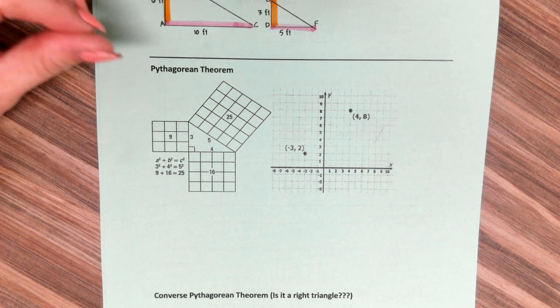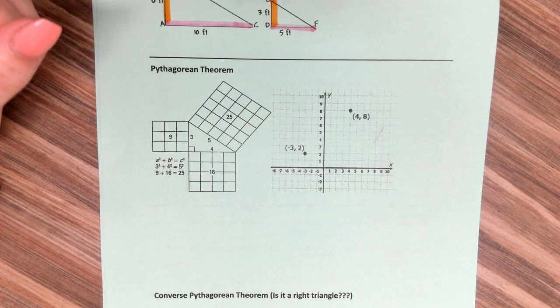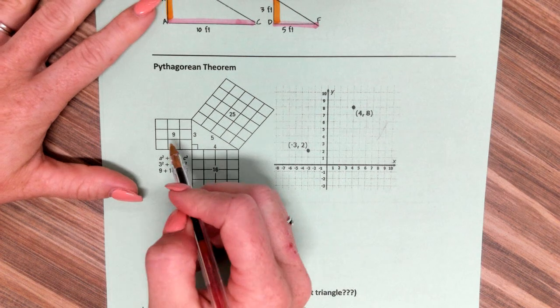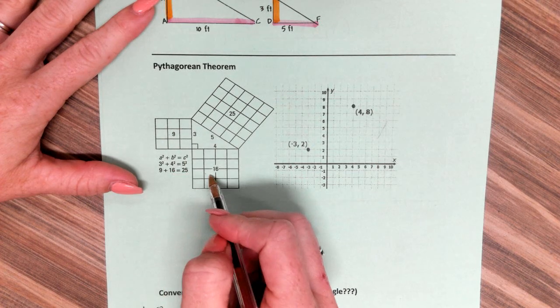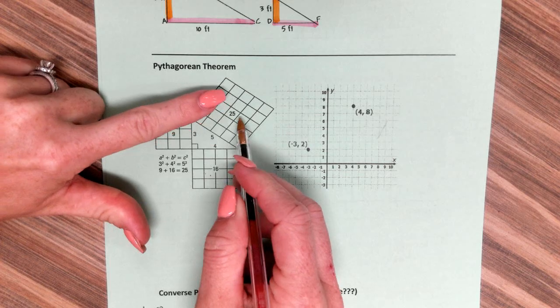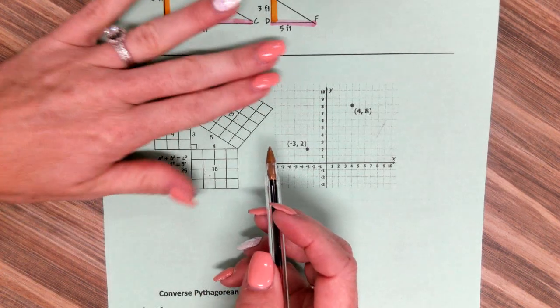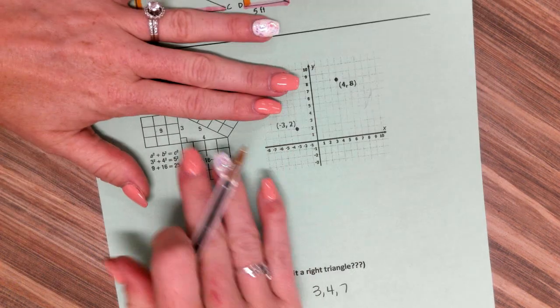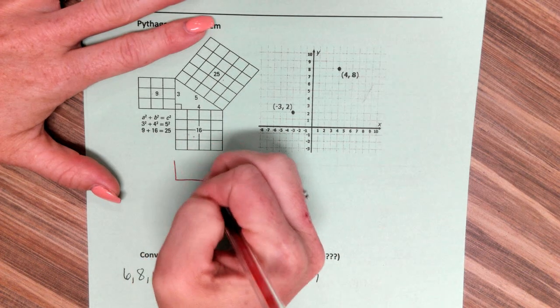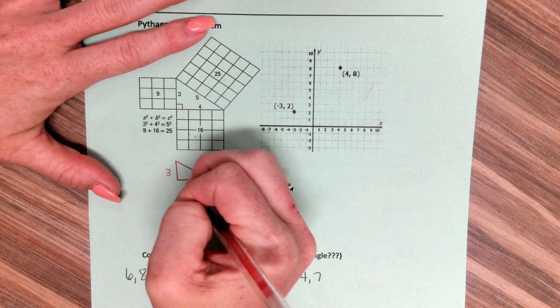Where do you find Pythagorean Theorem formula? On your STAAR chart. What did we learn? The two smaller squares add up to equal the... Okay, so pretend they didn't give you these squares. All they gave you is that triangle. I'm going to redraw it right here. This side is 3, this side is 4.